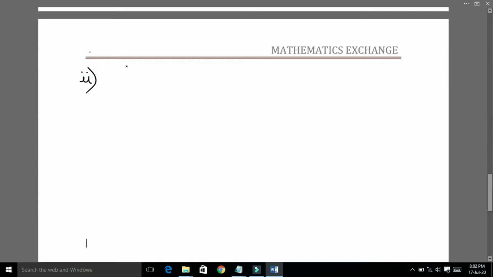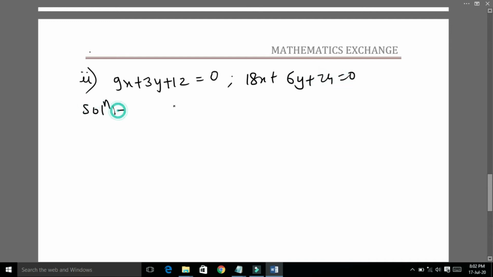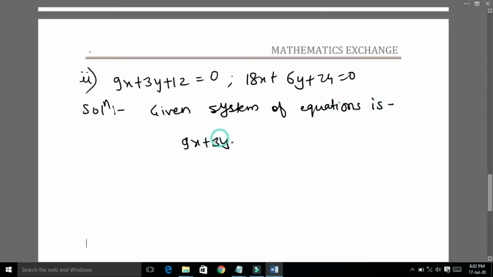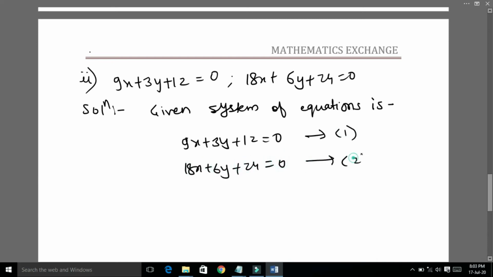Second question is 9x plus 3y plus 12 is equal to 0 and 18x plus 6y plus 24 is equal to 0. Now the given system of equations is 9x plus 3y plus 12 is equal to 0, we can call it equation 1, and 18x plus 6y plus 24 is equal to 0 is the second equation.